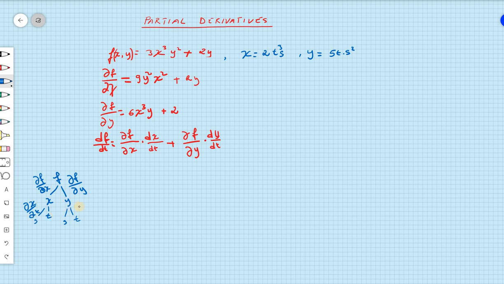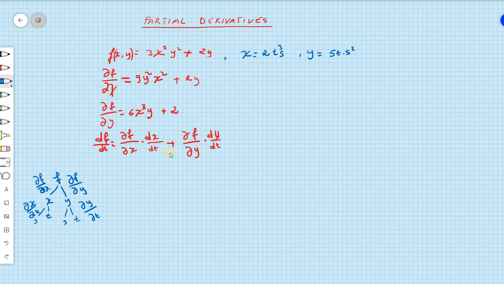And you do the same thing here, partial y, partial t, right? And then instead of actual dx dt here and dy dt here, you put partial as well, and then solve it like that.